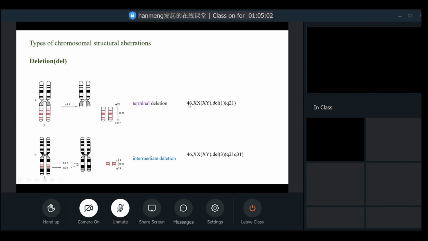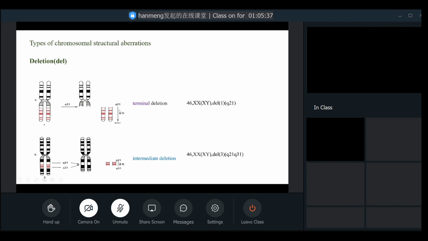Here, you should learn the description method of the deletion. First is the terminal deletion. In this example, it occurs on chromosome 1, and the fragment from the Q21 region is lost.